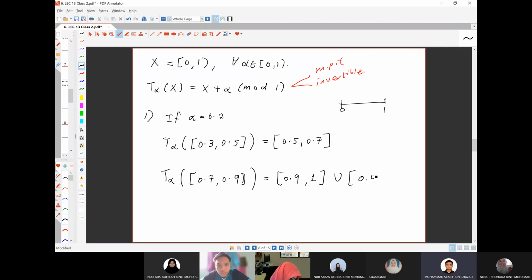This is an open interval, open. Okay, correct. So you will have two pieces of image, right?